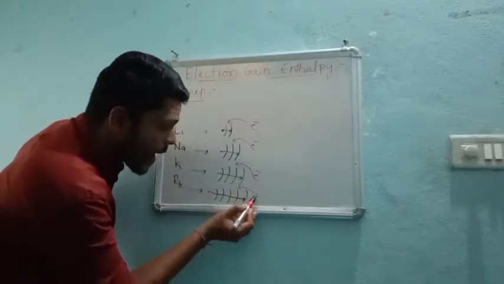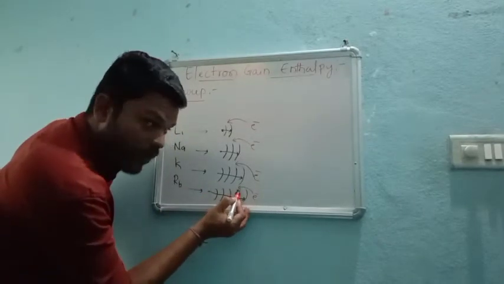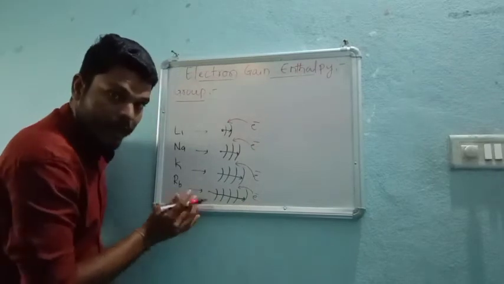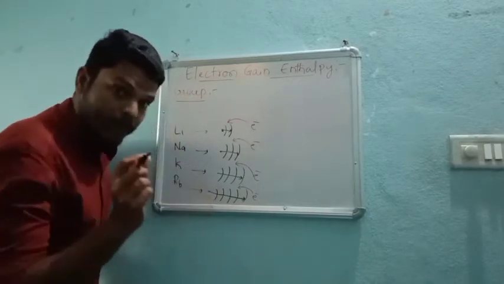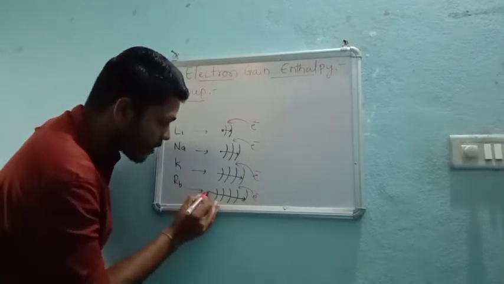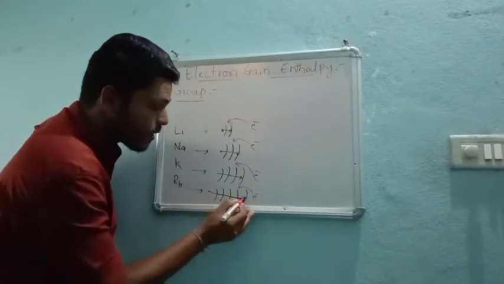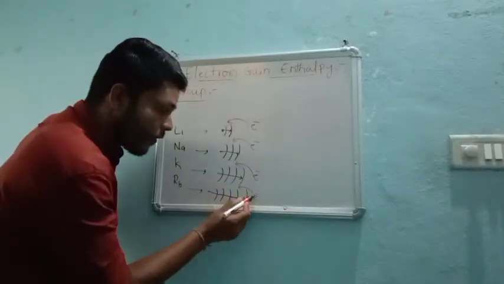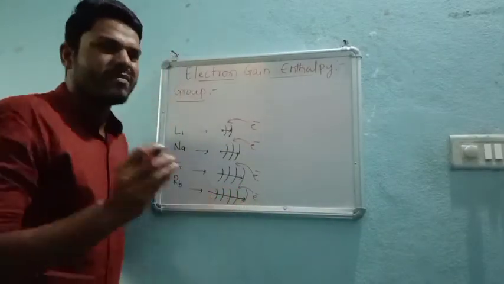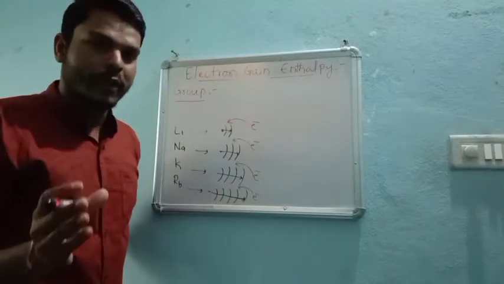Now, if I add this electron to rubidium, which has large size, the main condition is that the nucleus and the valence shell distance is more. So if I add this electron, only a little amount of energy will be produced.